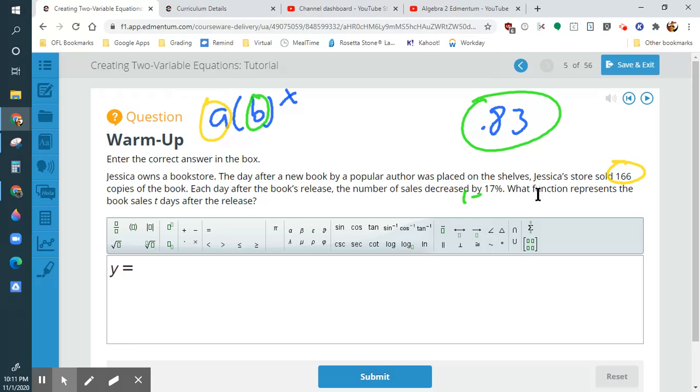Write a function that represents the book's sales t days after its release. And I'm just going to be, it's Edmentum right now. I don't understand how else we can set this up. Let's try a multiplication sign. I don't know if it's going to be that picky.